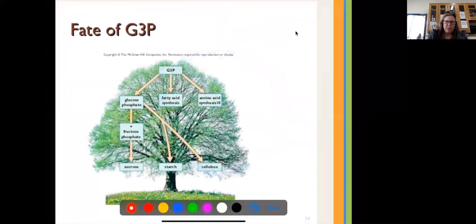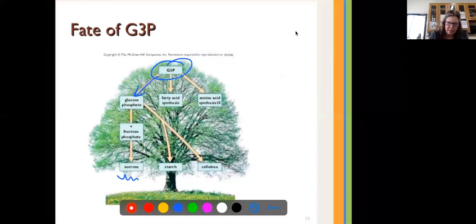So the fate of G3P. Like I said, G3P can go in a couple different places. We can go and make glucose. The glucose then can make fructose. We have an enzyme that will convert glucose to fructose. And then we can put a glucose and a fructose molecule together to make a disaccharide in the form of sucrose. And that is actually how that sugar is transported around the plant.